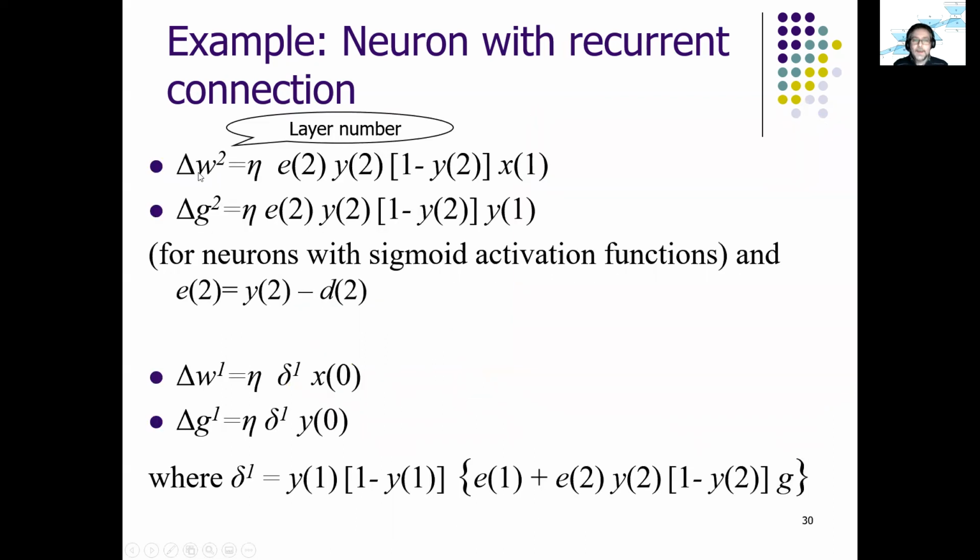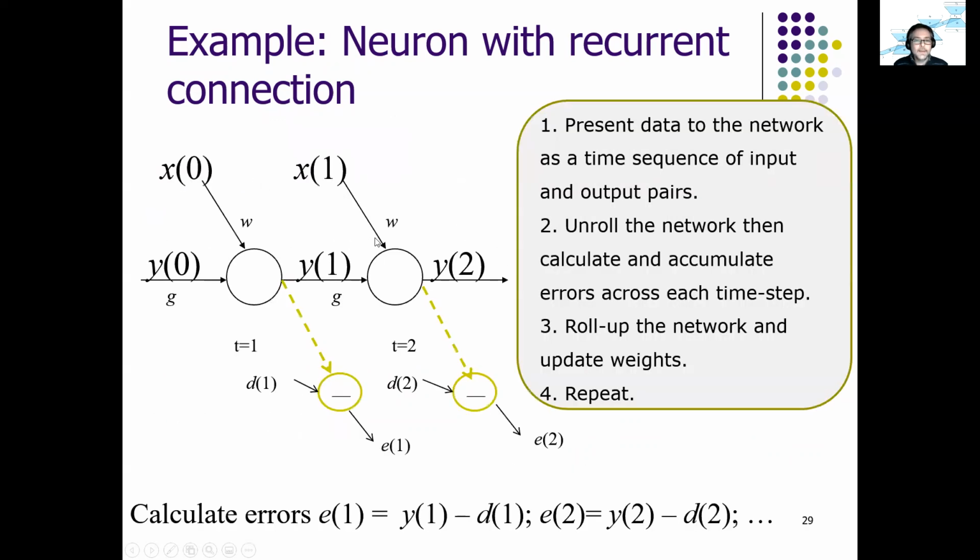So we have, as we normally do in feed-forward networks, first we have to calculate the weights connecting the nodes between the hidden layer and the output layer. And this is what happens here. So these are the W, G, and W2 and G2. That's the number of the layer.